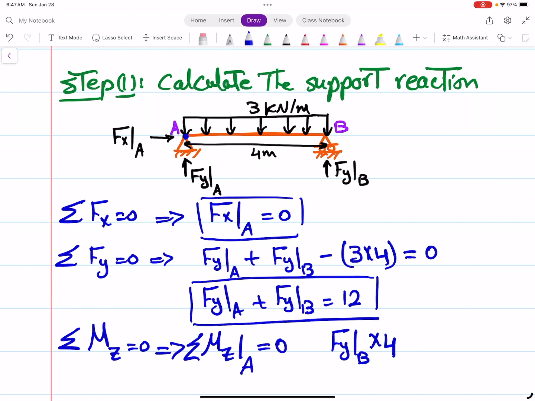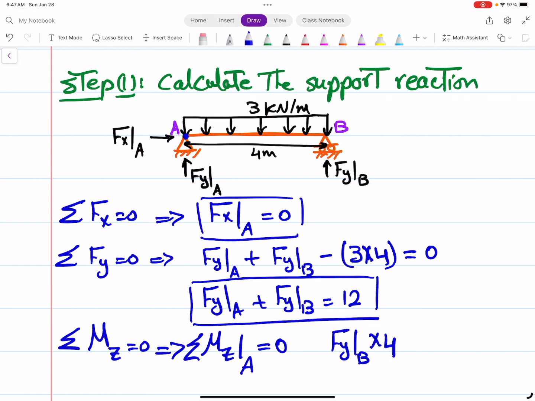And then you have the distributed load, and we agreed that the equivalent point load is 3 times 4, 12. But where is the point of action of this point load 12? The point of action is at the centroid of the distributed load shape.